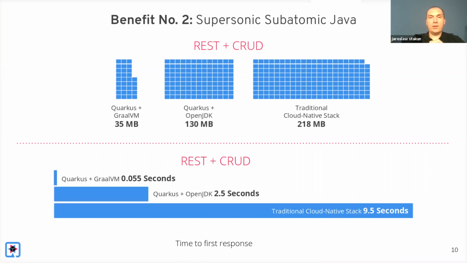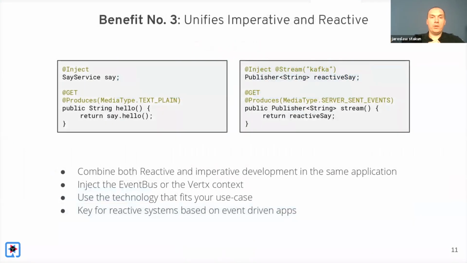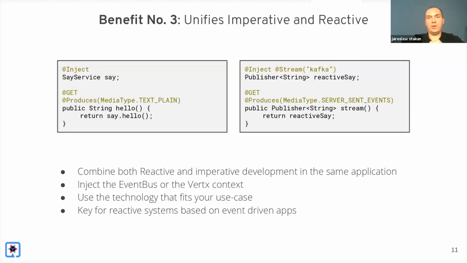And subatomic means that you can really limit the size of the memory that is consumed by your Java application significantly compared to the traditional stack. Quarkus also supports different programming approaches, so both imperative and reactive programming are supported. If you have experience with some of them, you can easily leverage this experience.